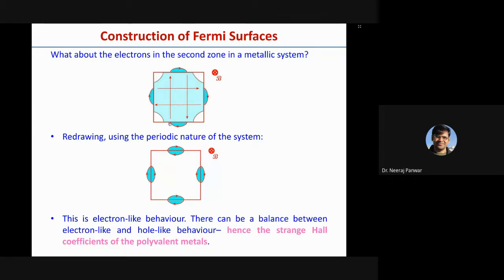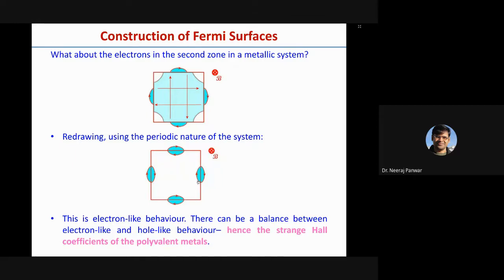So this is the extended zone scheme. If we do the same thing in the periodic zone scheme, this is the electron orbit, and the electron is making the cyclotron motion under the influence of this magnetic field. So this is the electron orbit in which the electron will move under the influence of magnetic field.